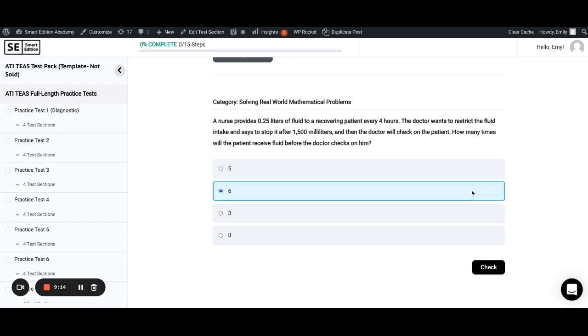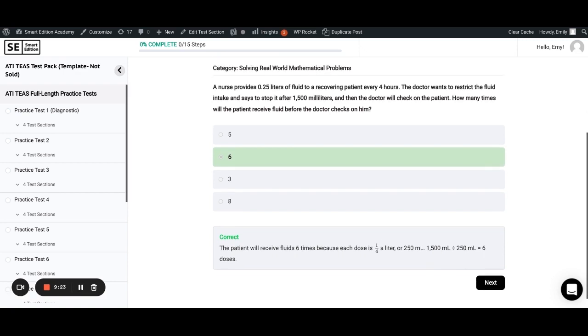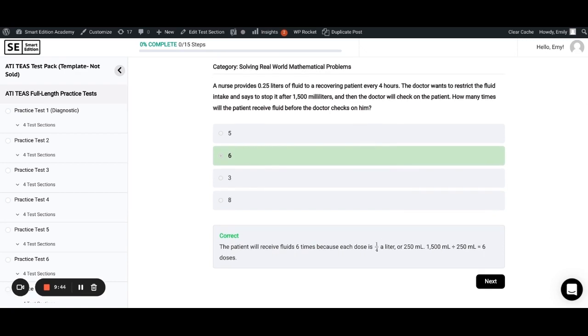The answer is B, 6. The patient will receive fluid 6 times because each dose is a quarter of a liter or 250 milliliters. So 1,500 milliliters divided by 250 milliliters equals 6 doses.